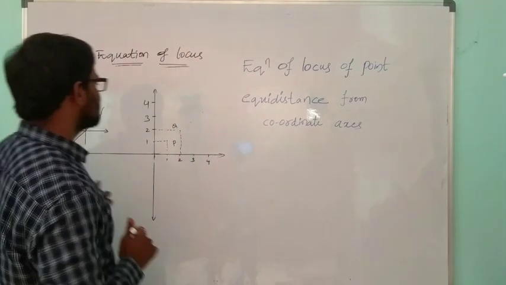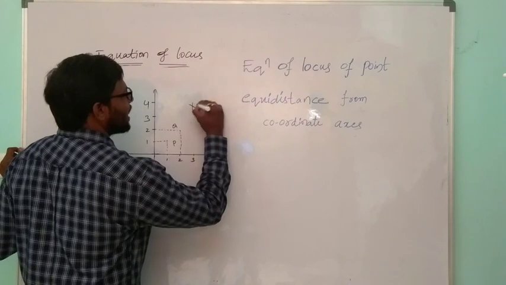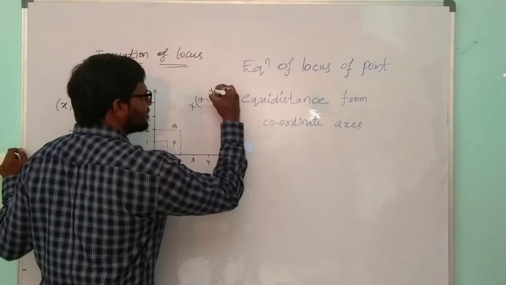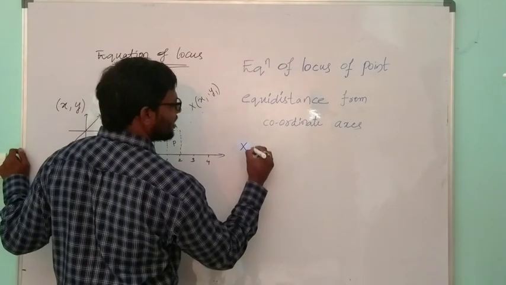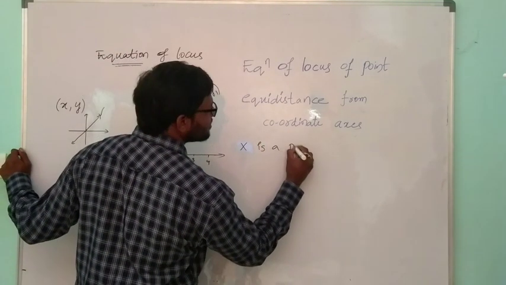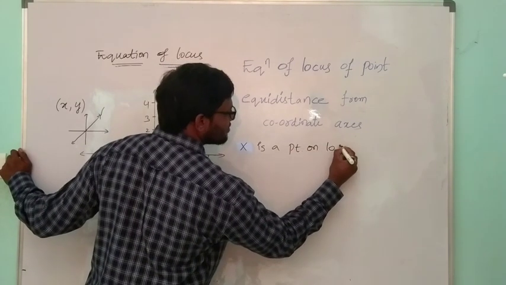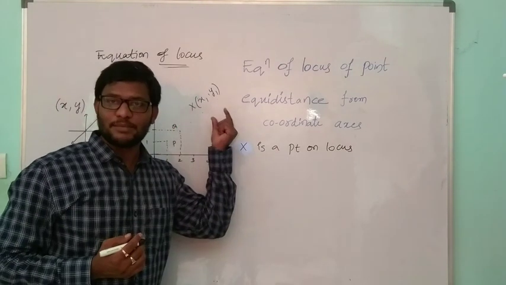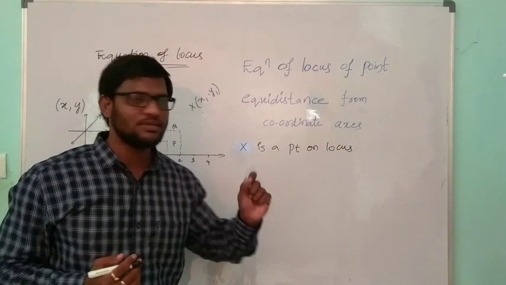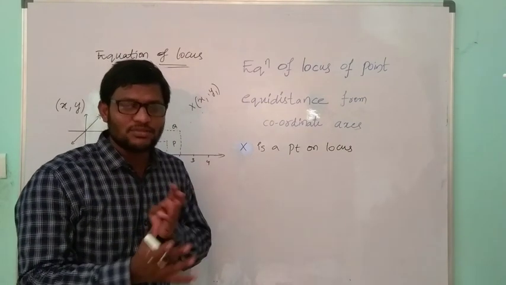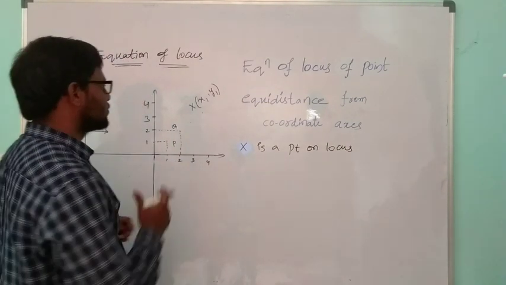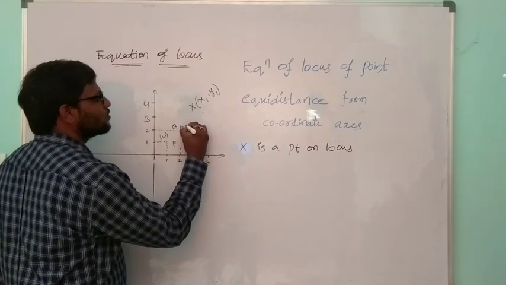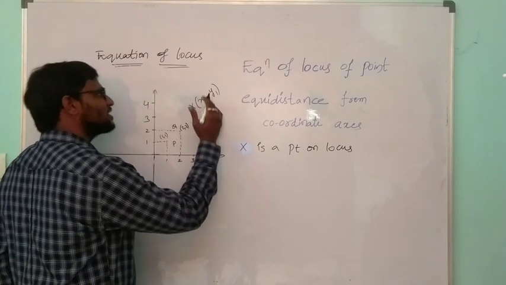But here we have to write the equation. So how to write the equation? What is the general form? Let us take (x1, y1) as a point on the locus. By the condition, the x coordinate and y coordinate are the same. Unless the x coordinate and y coordinate are the same, that point will not have the same distance from the x and y axes. This is (1, 1), this is (2, 2), this is (3, 3), and this is (x1, x1).